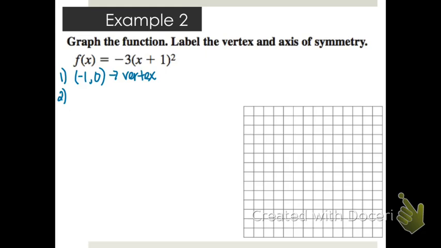The reason why I don't have an XY table on this graph is because this graph actually goes outside of the parameters of the normal graphs that we use. So I'm going to go ahead and create my own XY table. I'm going to put my y-axis, or my x-axis, I'm sorry, right here.